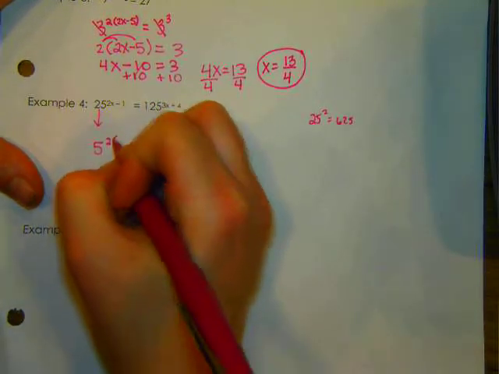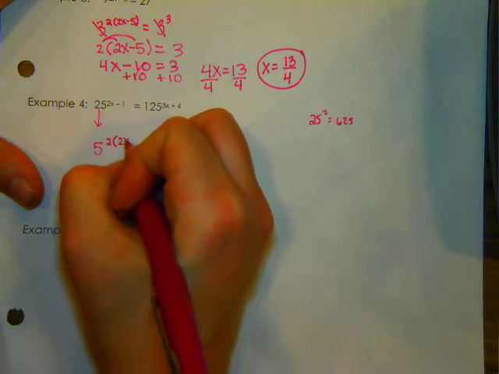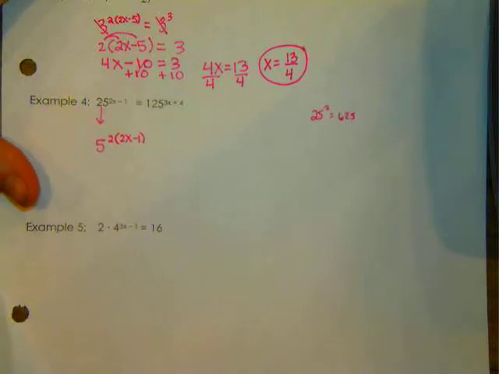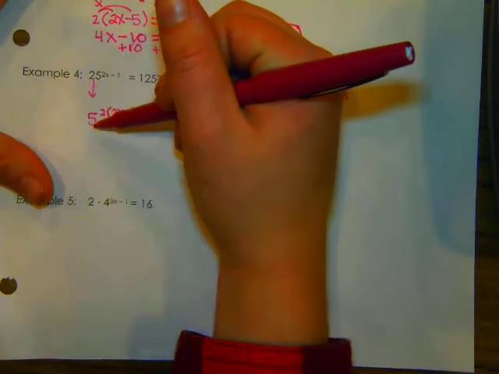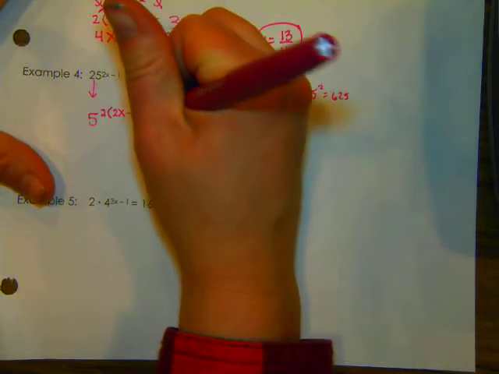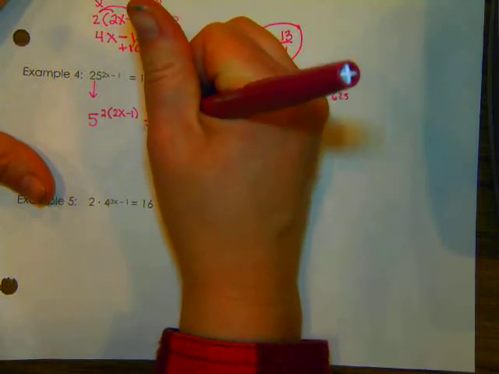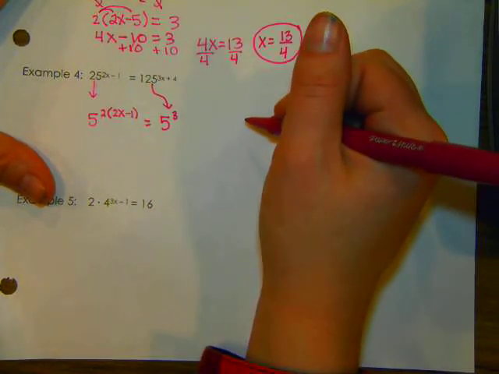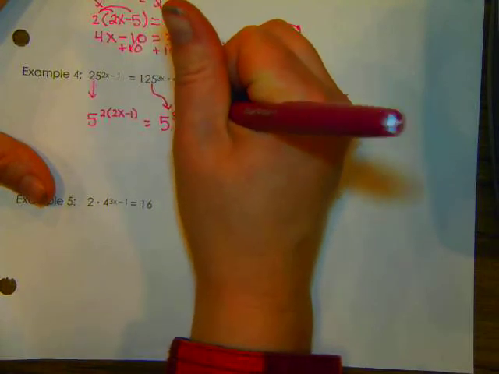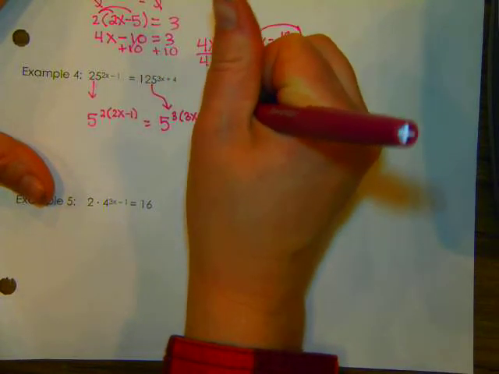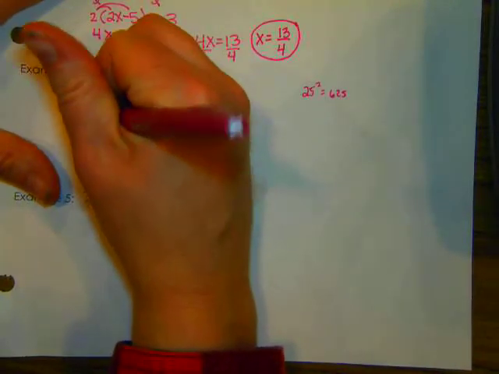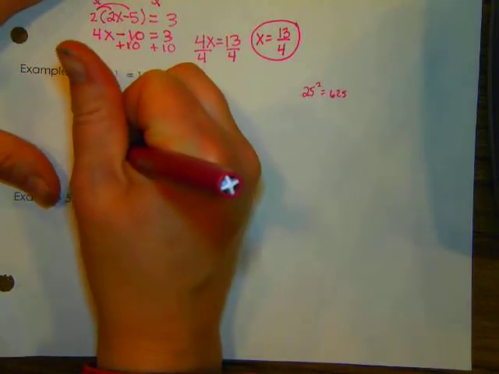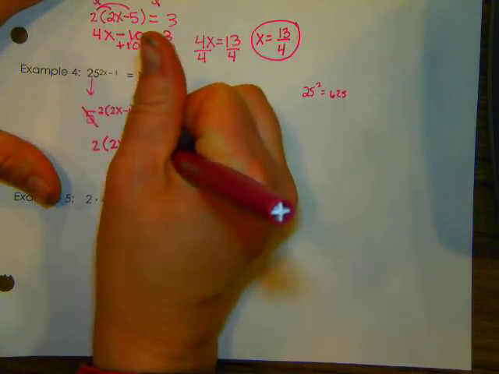So then in parentheses, I'm going to leave the exponent that was already there from before. If I change this to a base of 5, which I did, then I'm going to change this to a base of 5 and make it 5 to the third. Then again, the exponent doesn't go anywhere. Leave it as 3x plus 4. Once you get that common base, cross it off and take the two exponents and set them equal to each other.